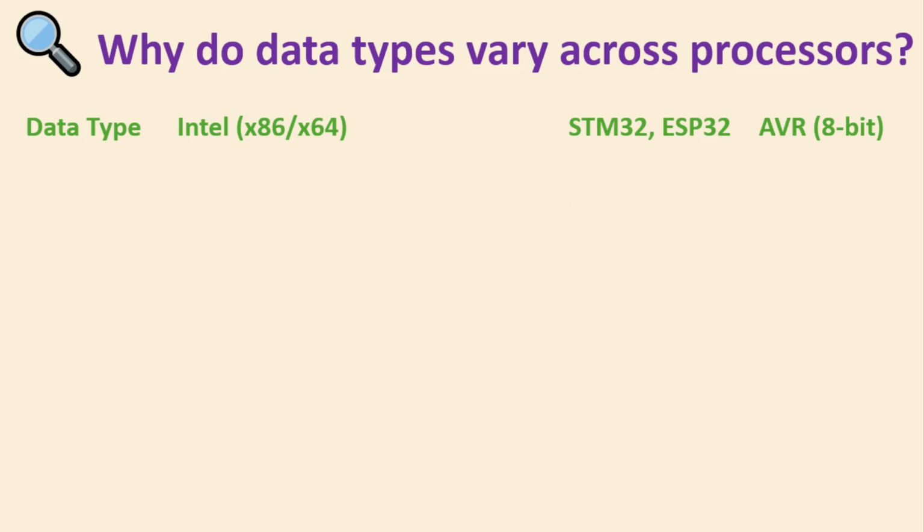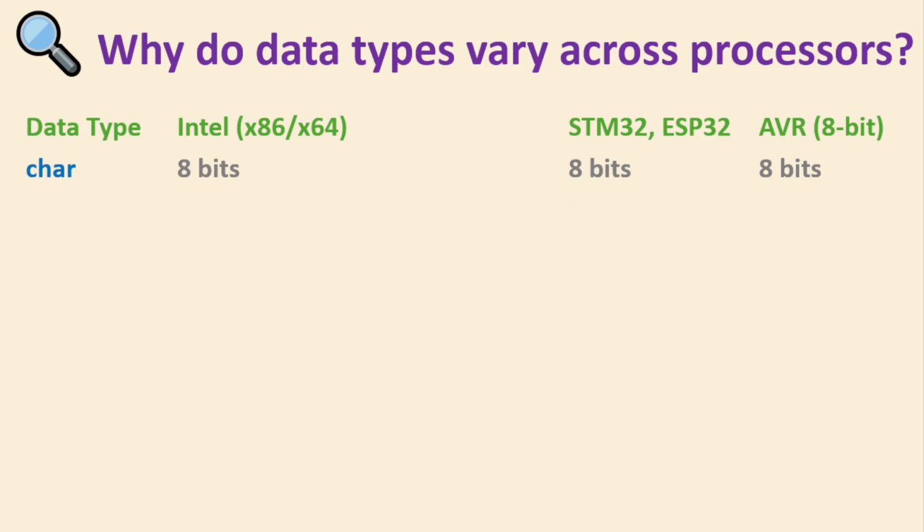The char data type is consistent across all processors: Intel, STM32, ESP32, and AVR, occupying 8 bits of memory.